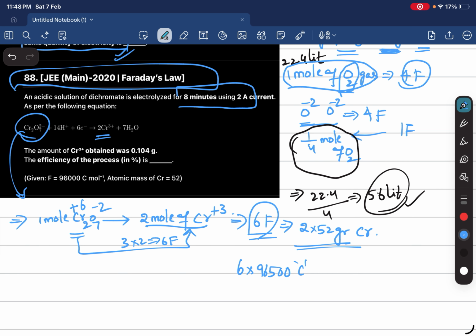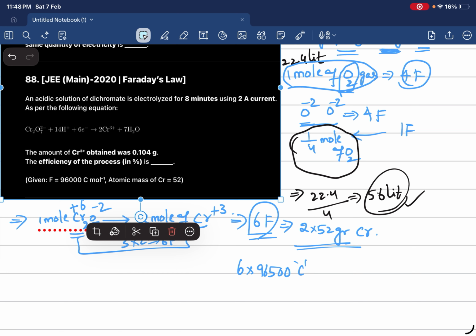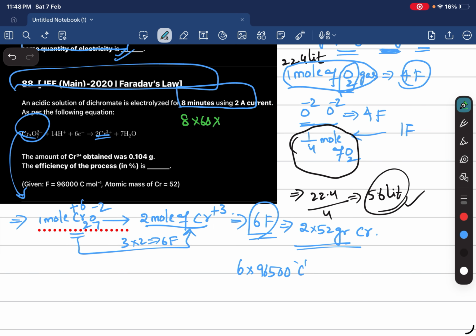They have given the charge value: 8 minutes, so 8 into 60 into 2 amperes, which equals 120 into 8, which equals 960 coulombs.